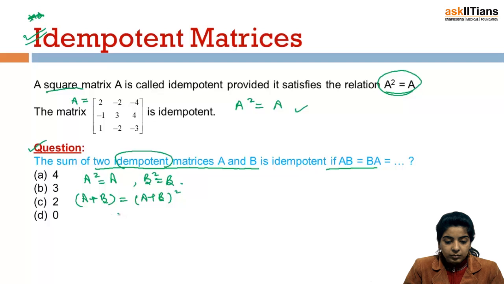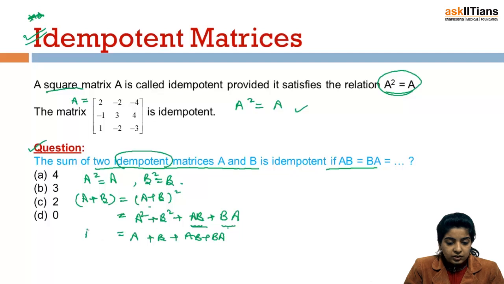So what does that mean? I proceed from here, A plus B whole square, I just open this bracket which gives A square plus B square plus AB plus BA. Now since you know the matrix multiplication is not commutative, you cannot write AB equal to BA, just write it in this form, AB plus BA, right? Now A square is A, B square is B, so I write it down like this, AB plus BA.